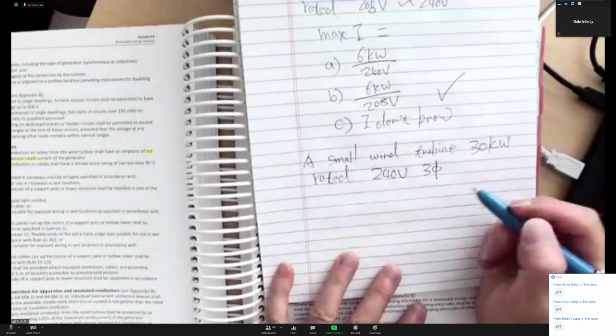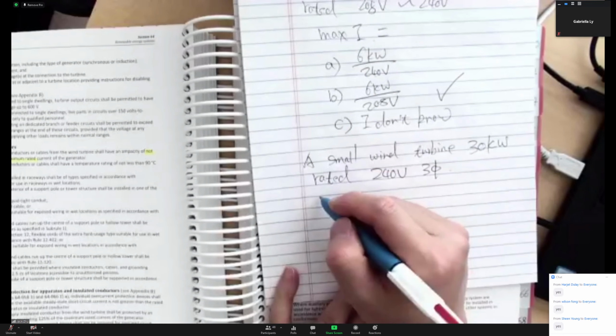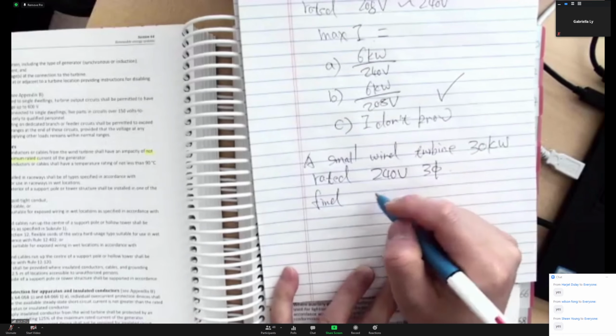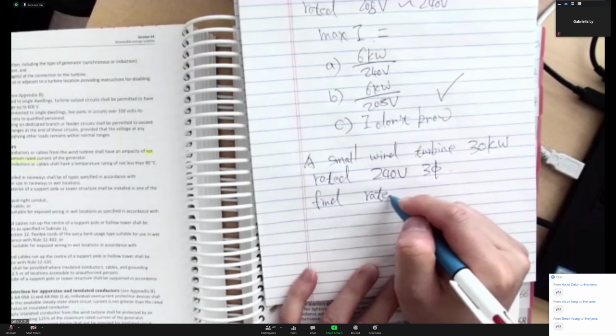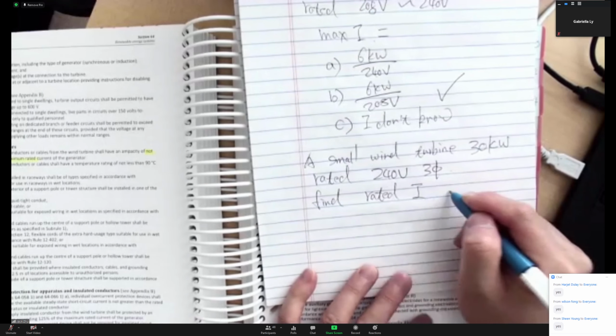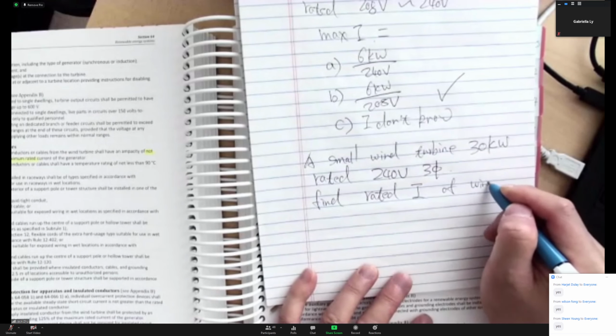So first, find out the rated current of the wind turbine.